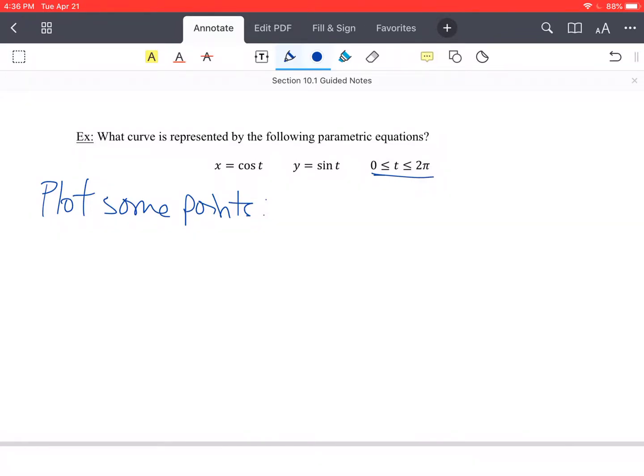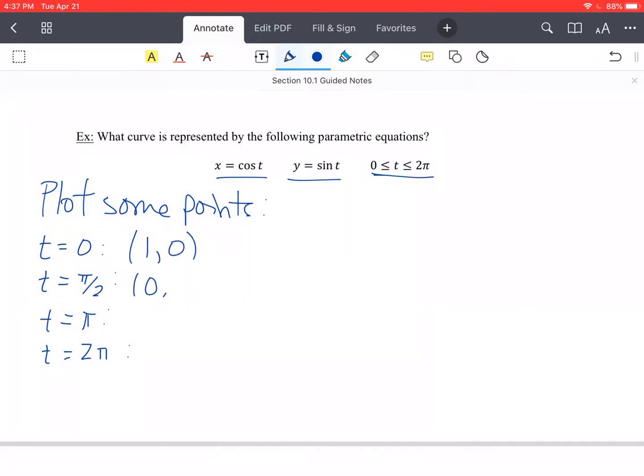So let's try t equals 0, t equals pi over 2, t equals pi, and just jump all the way up to 2 pi. If we plug those in, we get the x-coordinate first, then the y-coordinate, so cosine comma sine. So cosine of 0 is 1, sine of 0 is 0. Cosine of pi over 2 is 0, sine of pi over 2 is 1. Cosine of pi is negative 1, sine of pi is 0, and at 2 pi, we have 1, 0 here.